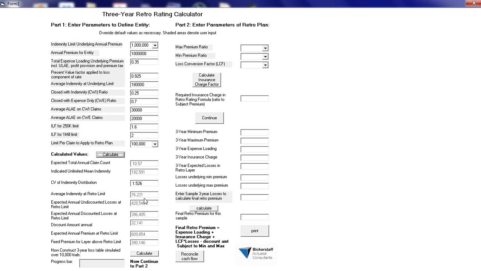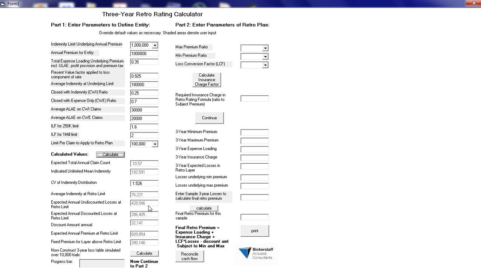Now, all of these values we're talking about so far are on an annual basis. 10.5 claims, total losses 428, discounted 396. So it's this discounted total losses that we are going to use to determine what the implied annual premium would be at this $100,000 limit.